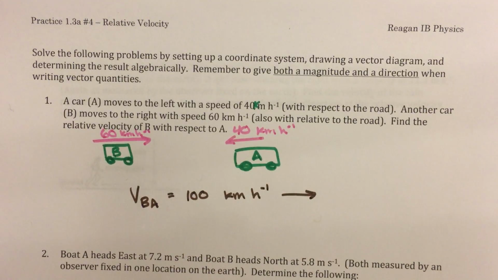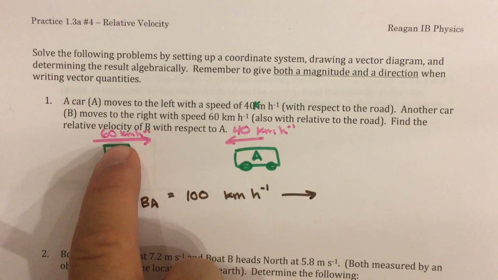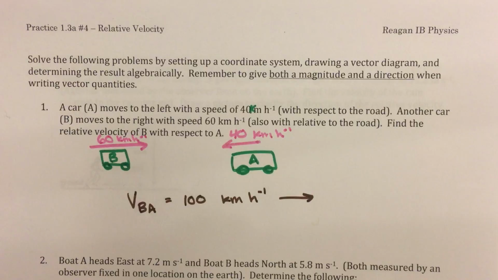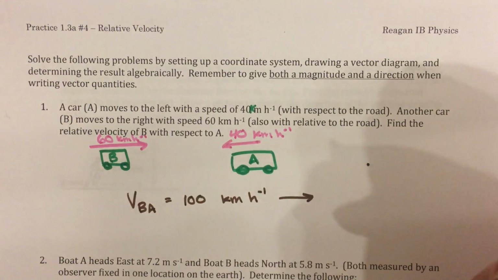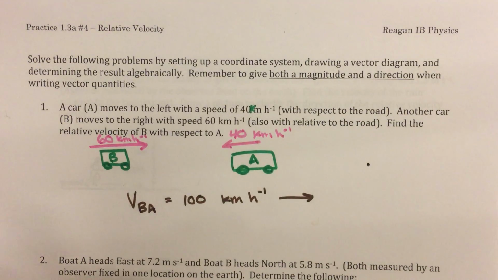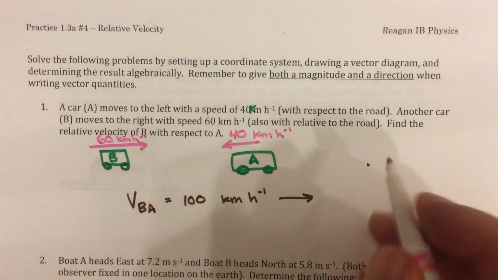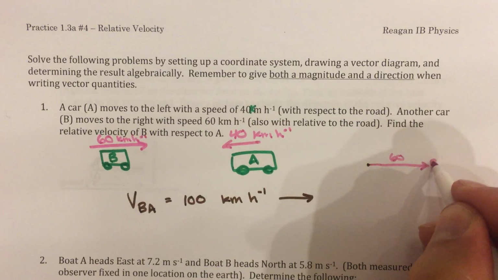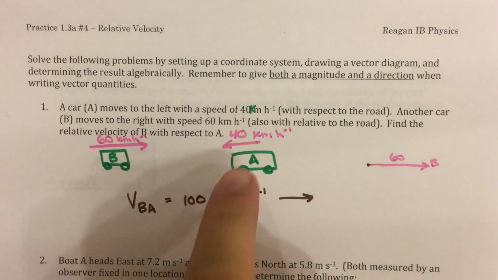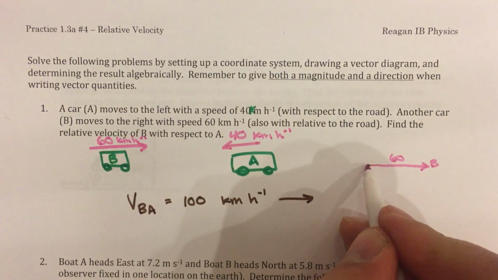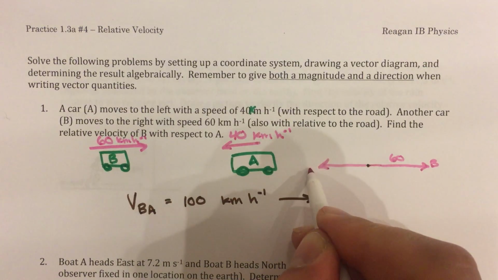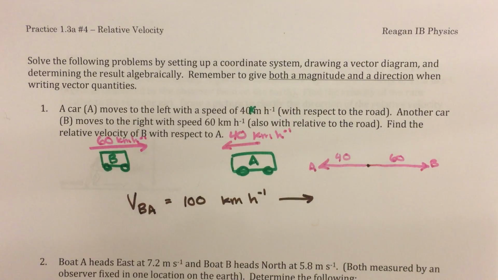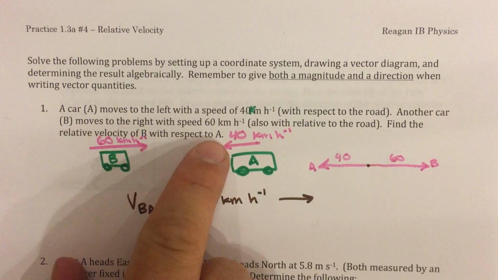There's another way to do this, where we would take both of these vectors and put them both with their tails at the origin. In other words, if I create an origin point here, I could put this car's tail at the origin, and that's B. And then I could put this car's tail at the origin, and that's A. And just like we did with displacement, where is B with respect to A?